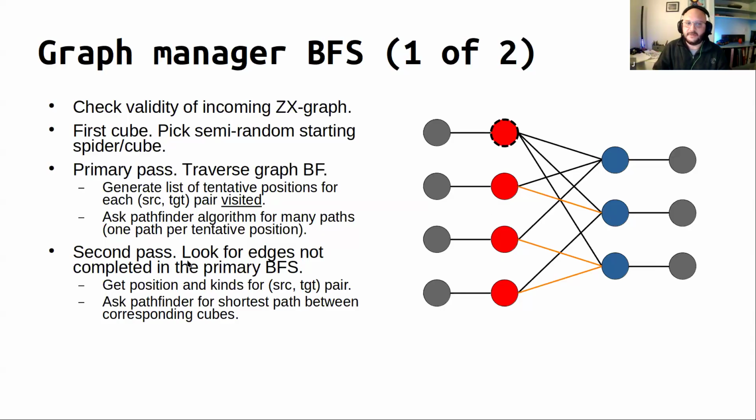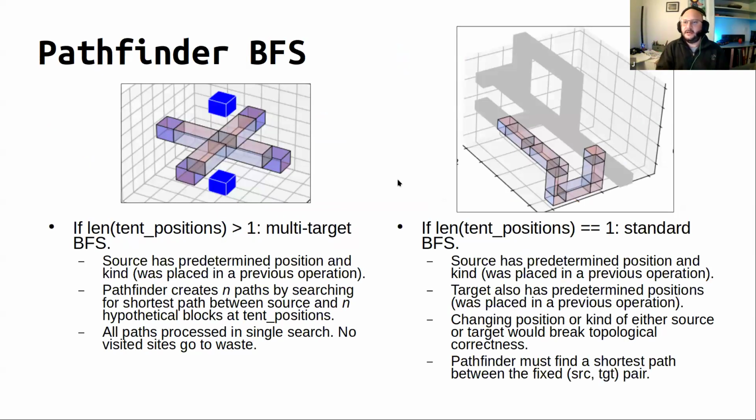And then the graph manager also handles the second pass, which is where it identifies any edges that were missing and connects them. I call it the outer BFS, because it manages the full process. And then there's an internal BFS, which is the one that renders the paths.